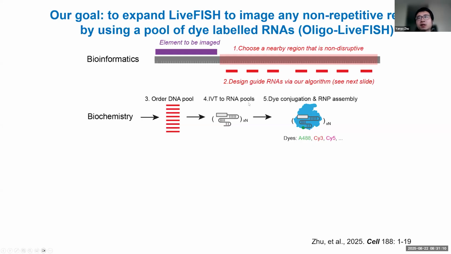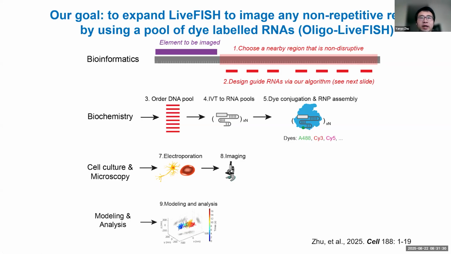Then we use a chemistry method to label this RNA oligo pool with dye to form the FRNP pool. Then we deliver it into the cell by electroporation, and perform imaging. After that, we track, analyze, and do mathematical modeling. So this is the basic pipeline.